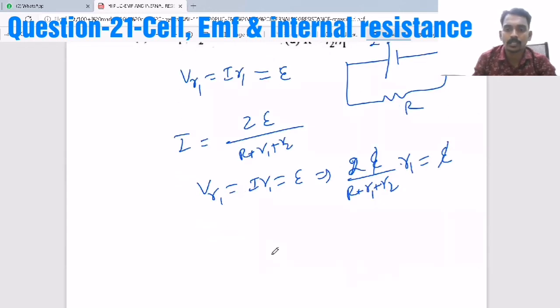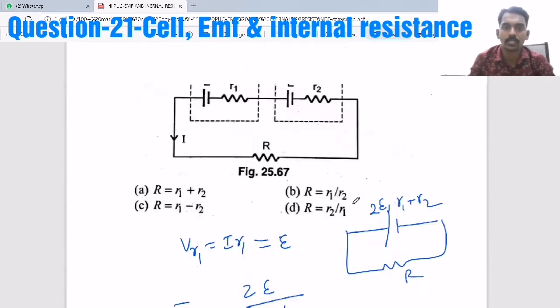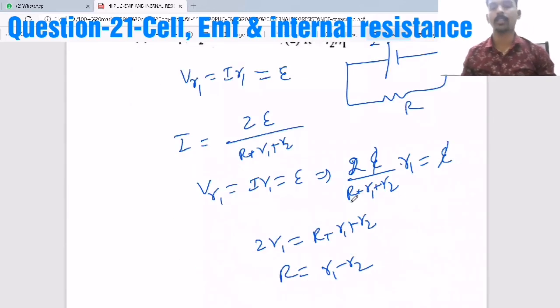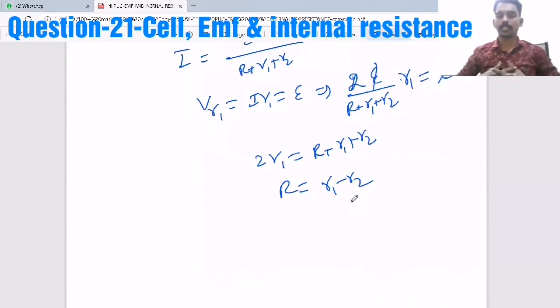Epsilon, epsilon cancel. Now, 2R1 equal to R plus R1 plus R2. Now if you bring this side, R1 minus R2 it will become. So capital R is R1 minus R2.